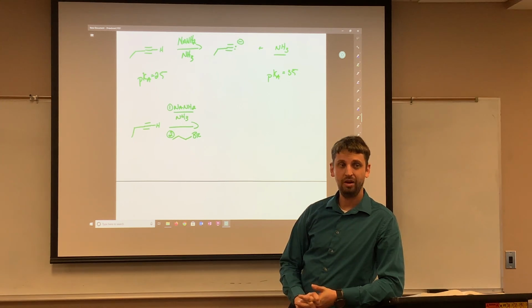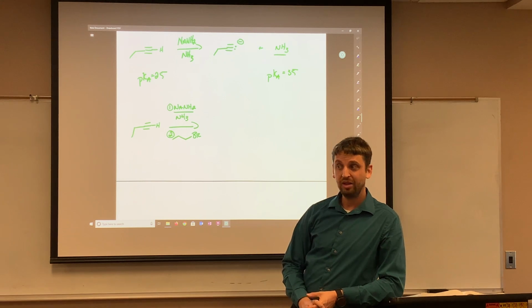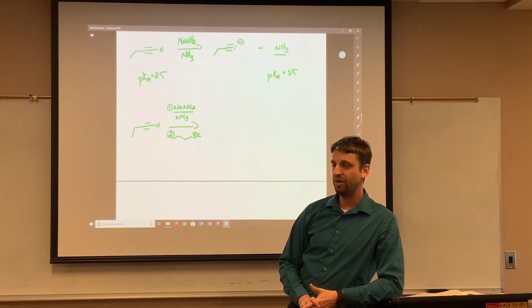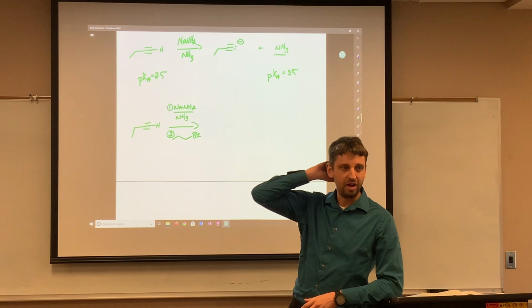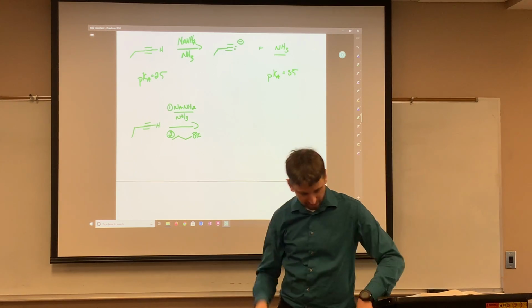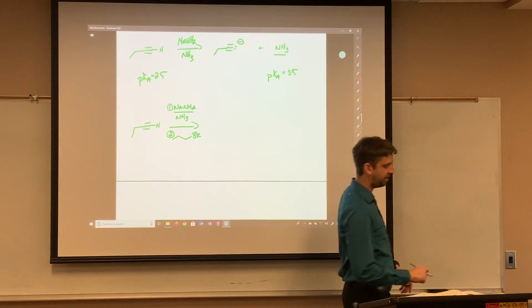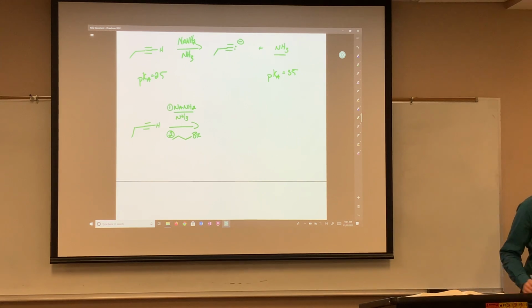SN2, right? For primary leaving groups, even if you have a strong base, SN2 is favored, okay? So what's our product going to look like in the second step here? We're going to add this to that.